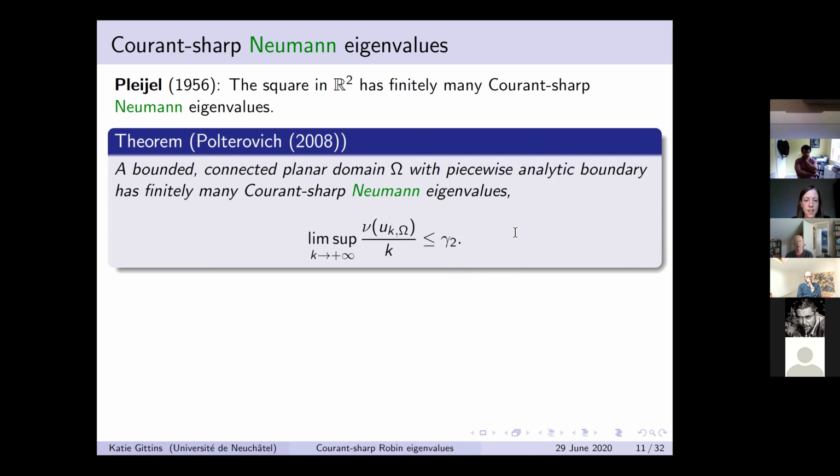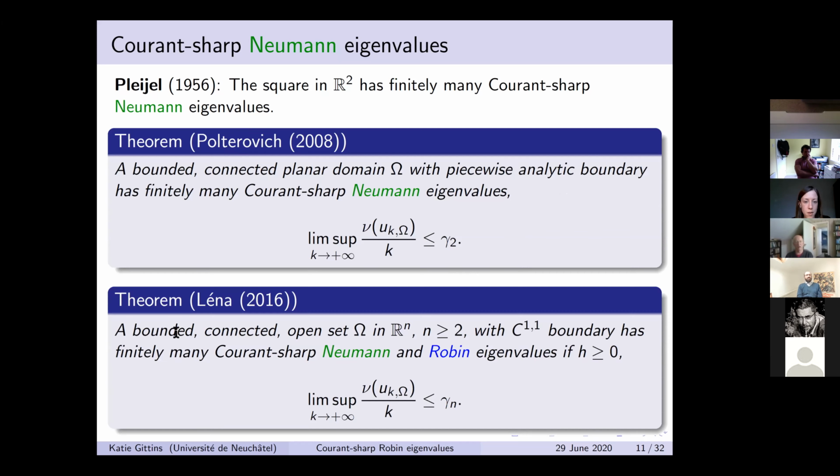And then more recently, Léna obtained a result in higher dimensions and showed that Euclidean domains in R^n with C^{1,1} boundary have finitely many Courant-sharp Neumann eigenvalues with the same gamma n, and also Robin eigenvalues when h is non-negative.